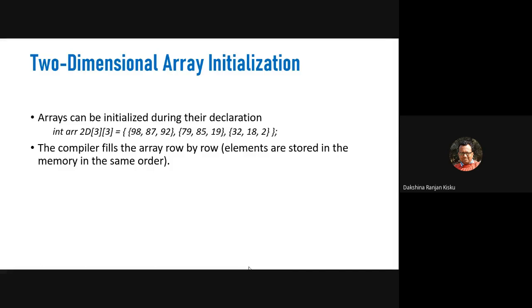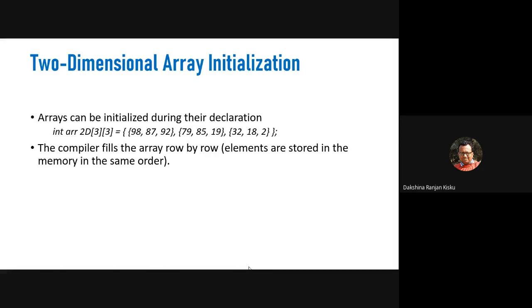Okay, so how to initialize a two-dimensional array? This is a very common format for initializing the two-dimensional array. Whenever we initialize a two-dimensional array, it is initialized here in matrix form.